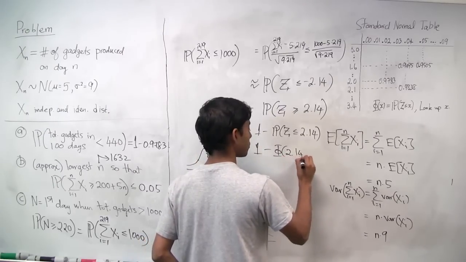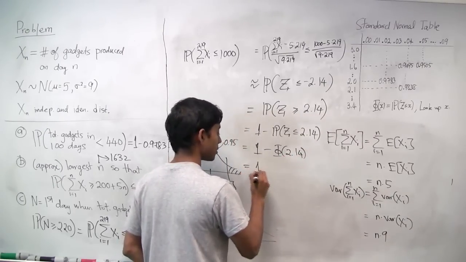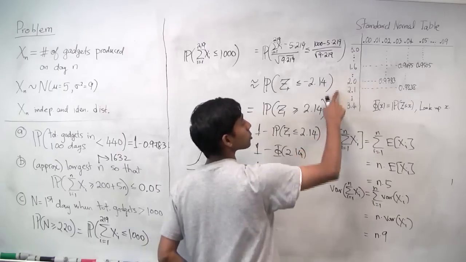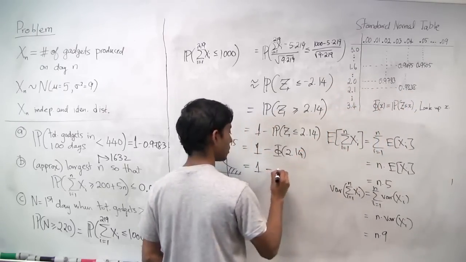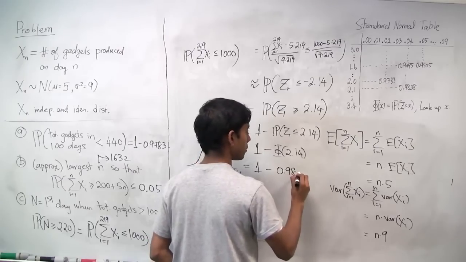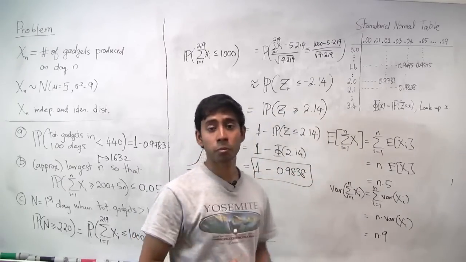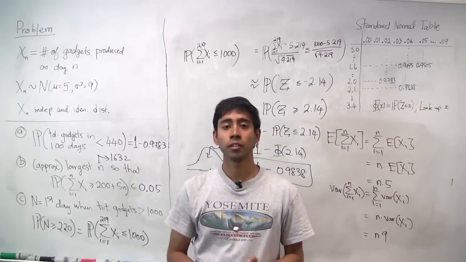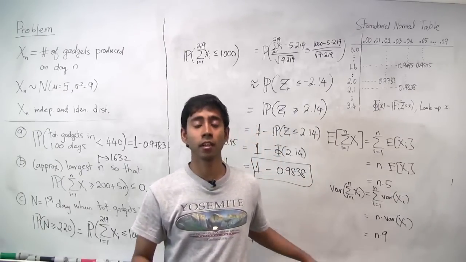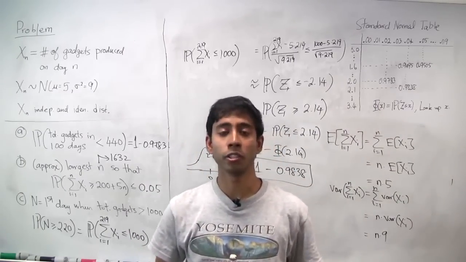If you look it up on the table, it's 0.9838. Okay? So here's your answer. So we're done with part C as well. So in this exercise, we did a lot of approximate calculations using the central limit theorem.